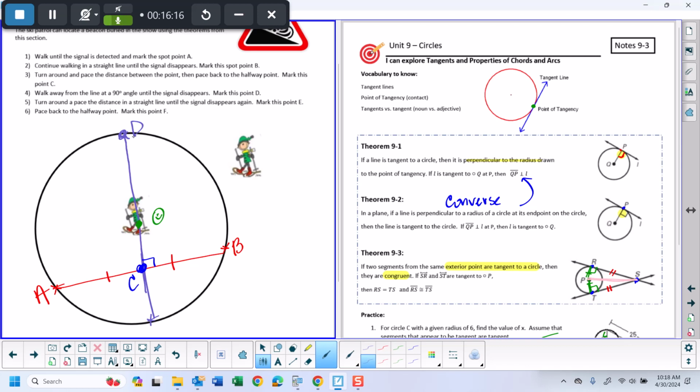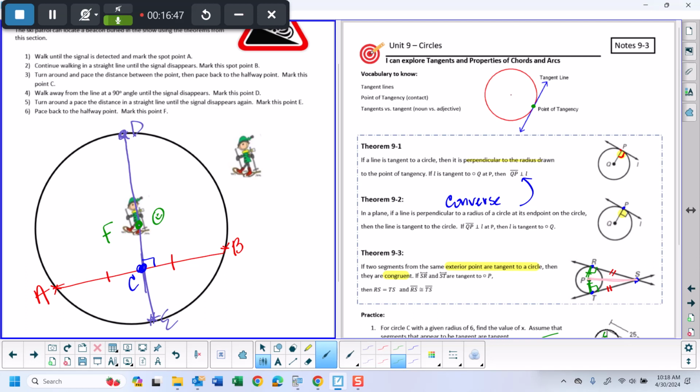Mark that E. That's going to be this point here. Pace back to the halfway point, and that halfway point is F for you found me, because that is where I am buried under the snow, and hopefully you have saved my life. Real life application of diameters, chords, perpendicular bisectors, right there for you.